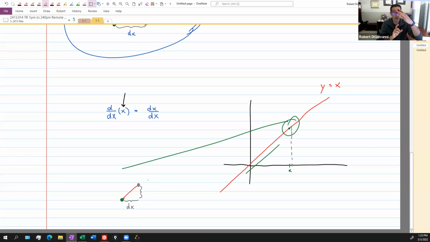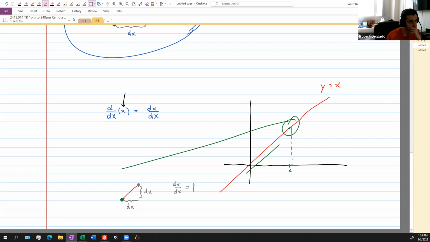Because it's a perfect 45-degree angle, wouldn't dx and dy be exactly the same thing? Because it's a perfect diagonal. So this would also be dx. So what is dx over dx? What's that ratio? 1. And that is why the derivative of x is 1. Does that make sense? The derivative of x is 1 because the question is, how much does x change by if I change x by this much?